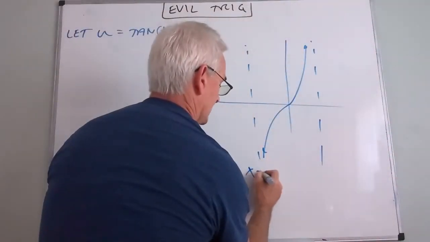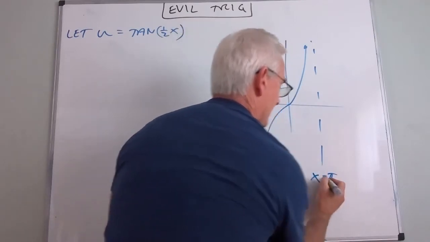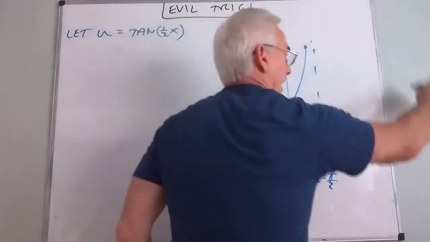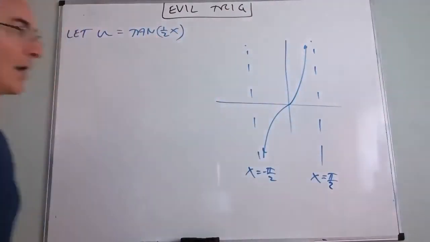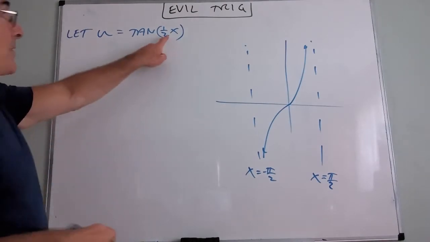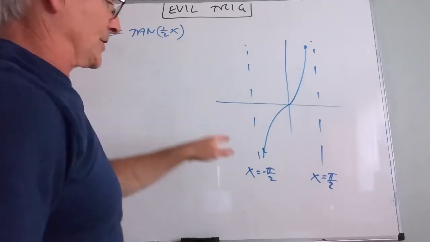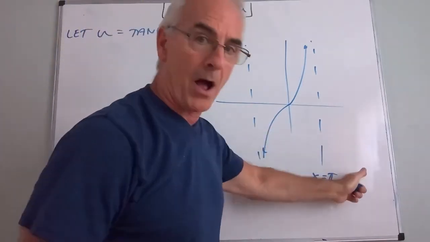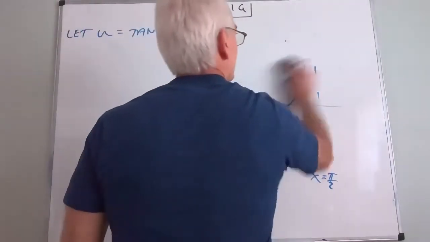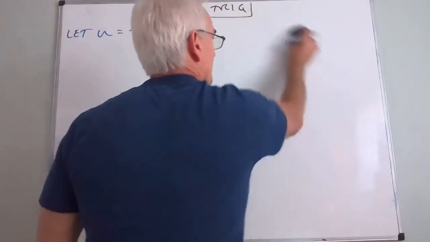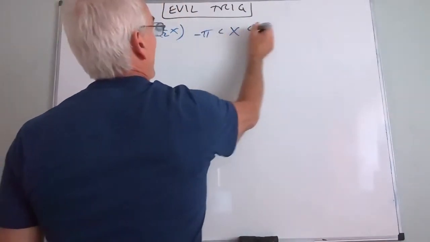If this is x equals negative pi over 2, and this is x equals positive pi over 2, there are vertical asymptotes every pi forever. So the next one's at x equals 3 pi over 2, 5 pi over 2, and so on. But if I said this, oh, now the asymptotes are at negative pi and positive pi because of the over 2. So that means that this function is continuous, differentiable, defined for x between negative pi and pi.